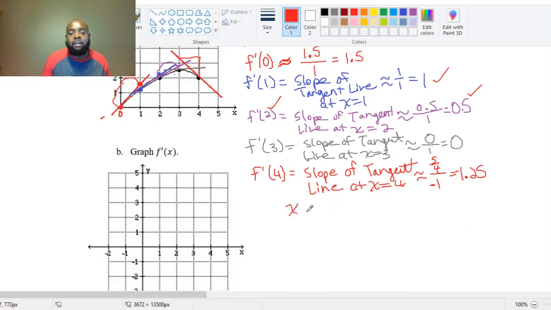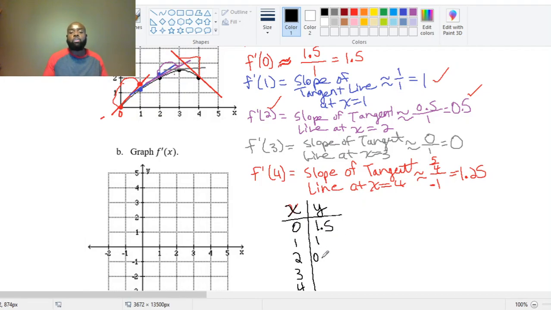It's almost like back in the day when you created graphs and you wanted to plot some points, you choose some x values like 0, 1, 2, 3, and 4, and then you plug it into your function and you get output values. When we plugged in 0, we got 1.5. We plugged in 1, we got 1. We plugged in 2, we got 0.5. We plugged in 3, we got 0. We plugged in 4, we got negative 1.25, right?